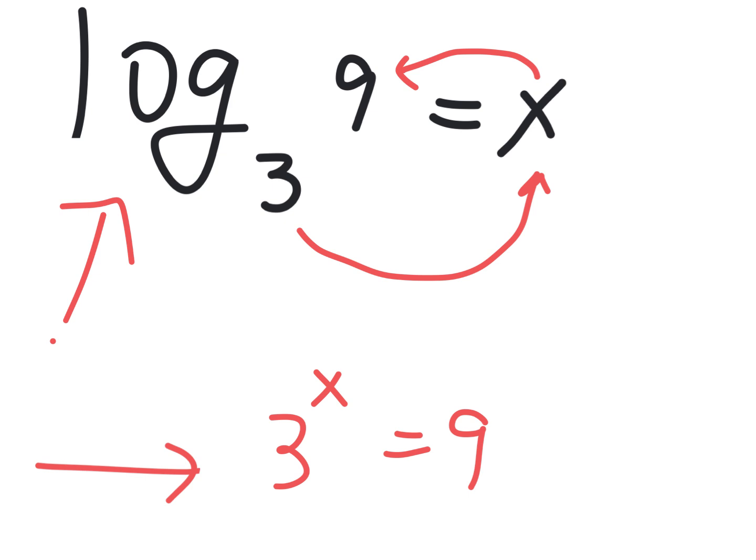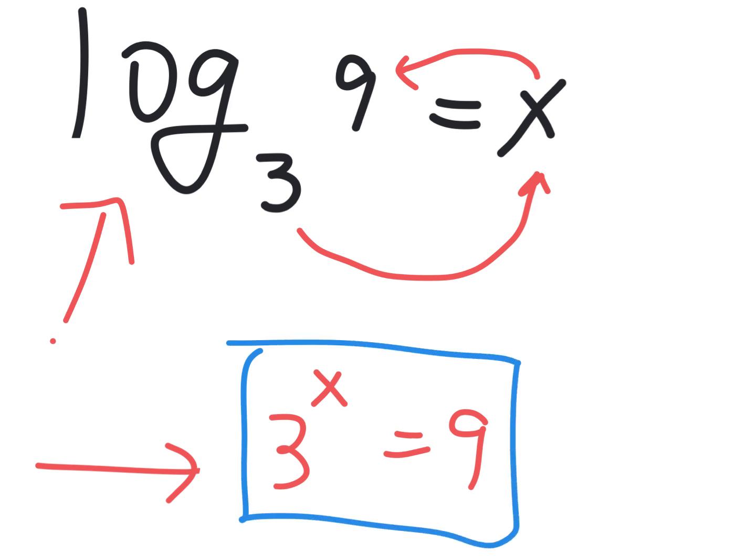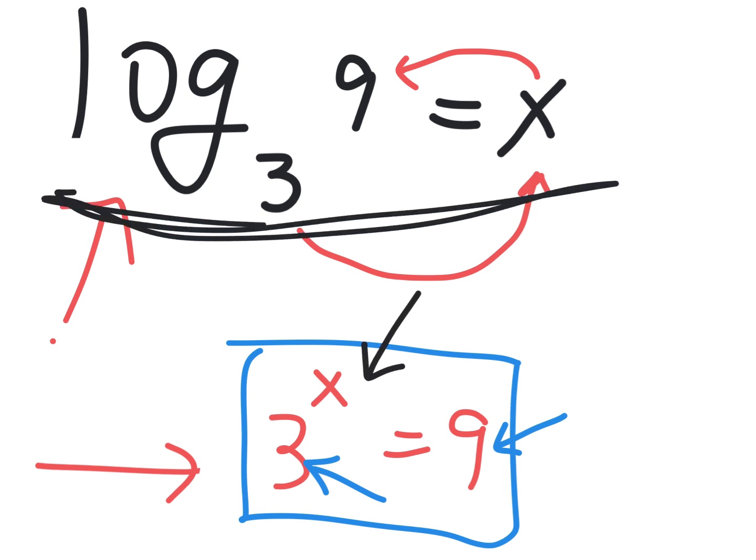The way I'll usually say it, though, is I'll usually say write it with an exponent, because in this unit, the exponent won't always be x. Last unit, exponentials, the exponent was pretty much always x. But now, we might actually have the x over here, or the x might even be here, but it'll have an exponent when it's in this form, and it'll have a log when it's in this form.